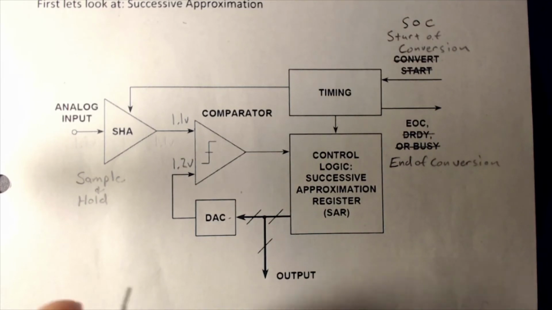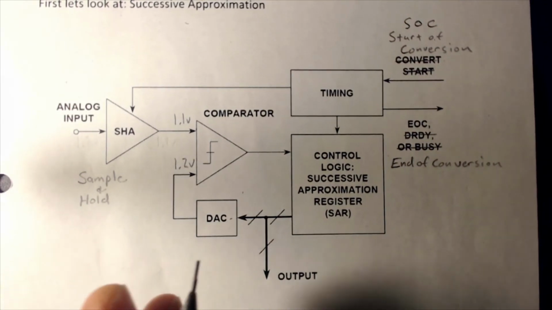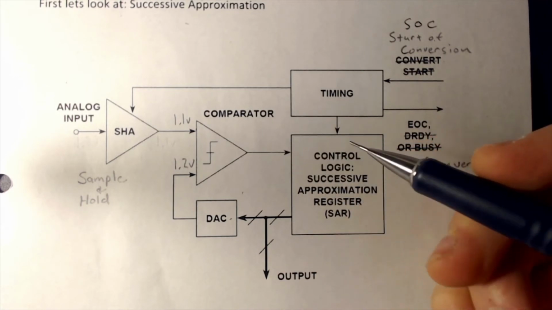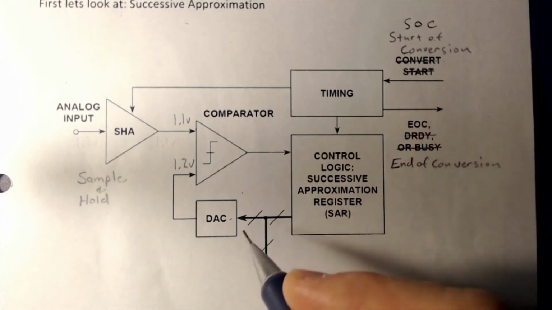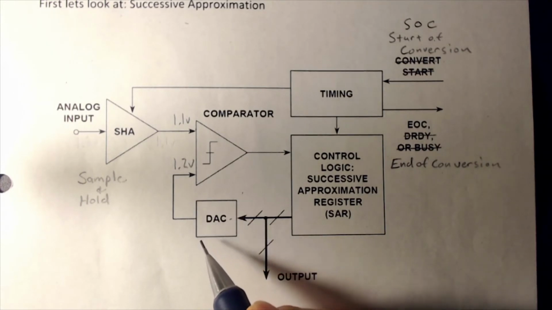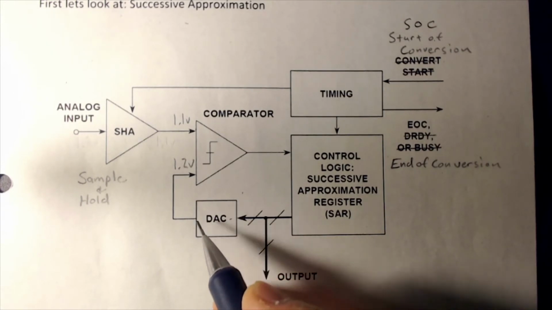You'll see in the algorithm that it's going to be a sequence of comparisons that ends up giving us an output. Now we have over here the last piece of this puzzle, which is a DAC.